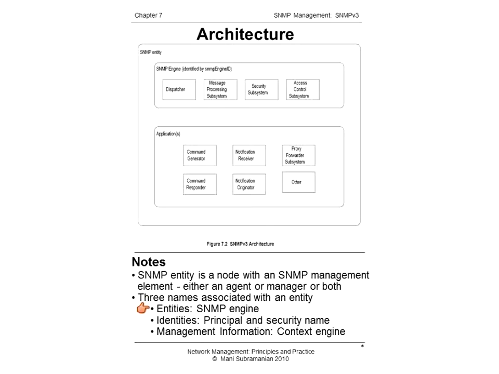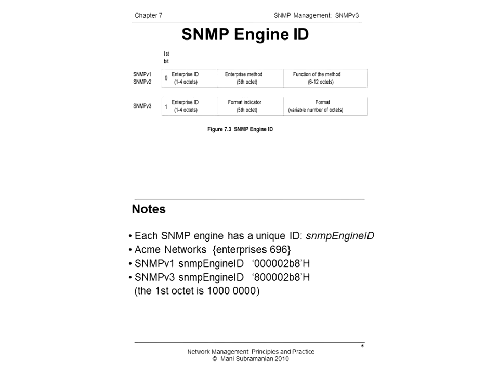Now first of all, we will look at the elements of entity, including its naming. So the elements of architecture associated with SNMP entity comprise an SNMP Engine and a set of applications.